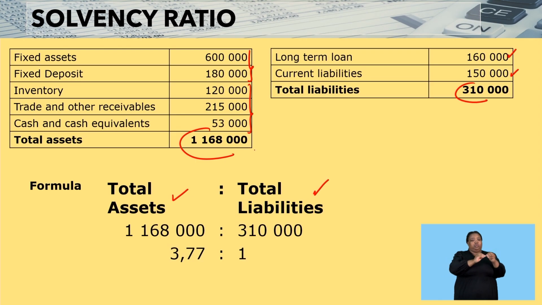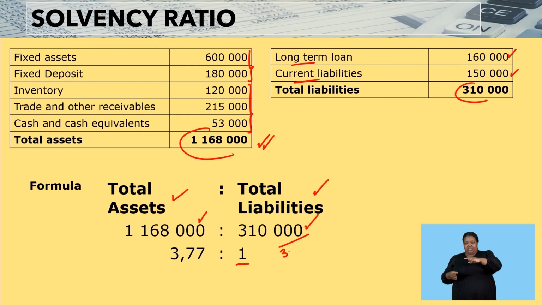The total assets are 1,168,000. Then I also bring in total liabilities, all my liabilities, that is my long-term and my current, which is 310. For me to get the answer, you have to remember that we are dealing with a ratio, so the answer has to be something as to 1. For me to get that answer, I must divide everything by 310,000.